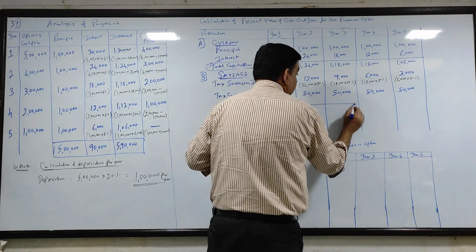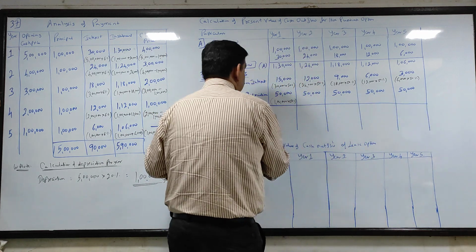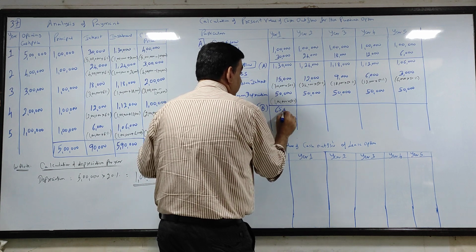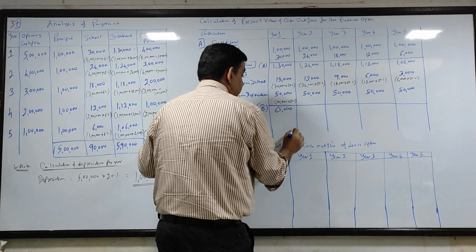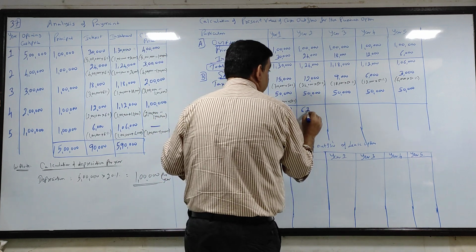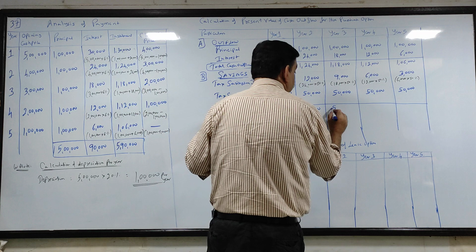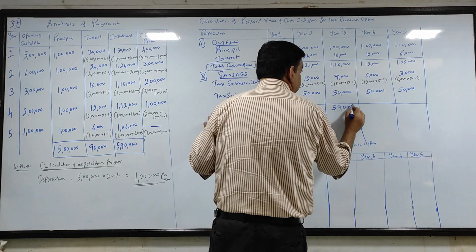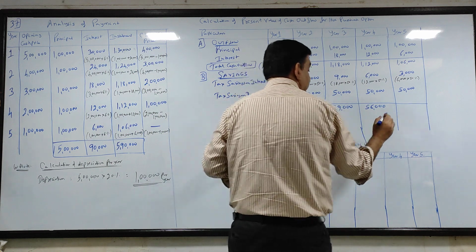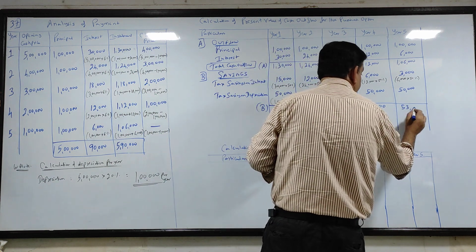Okay, so take the total and make it B. There is nothing else. So 15 plus 50, 65; 12 plus 50, 62; 59; 56 and 50 hmm, 53.